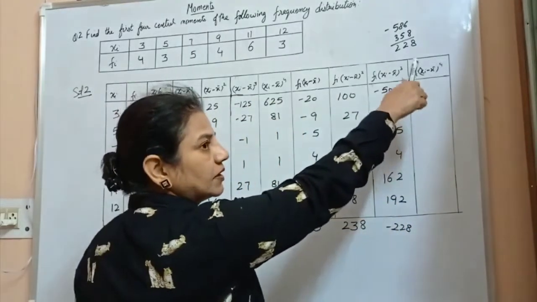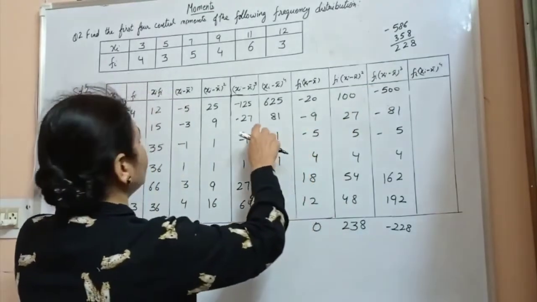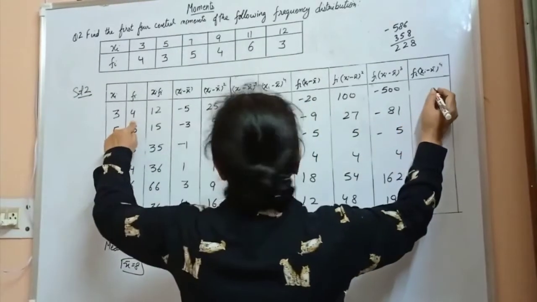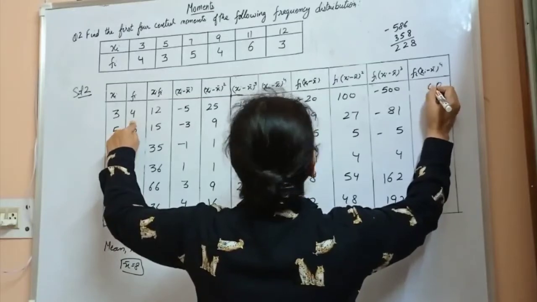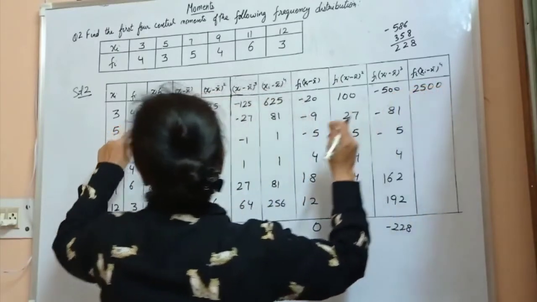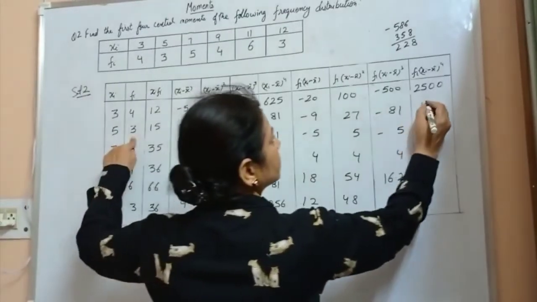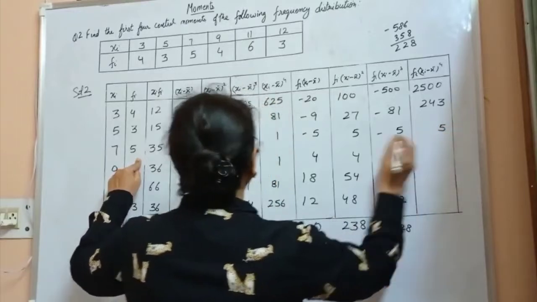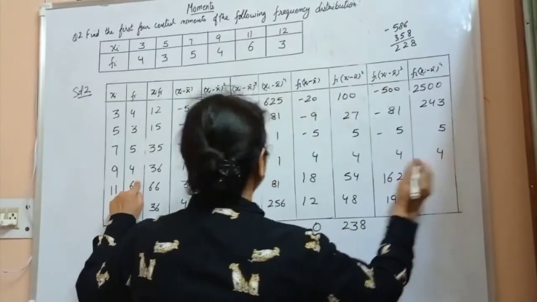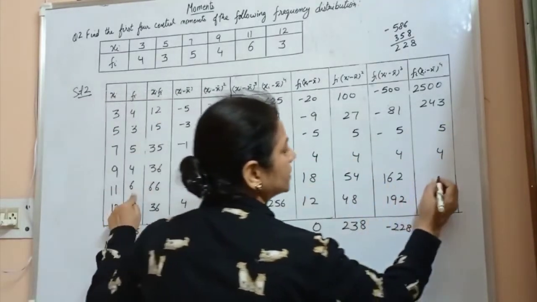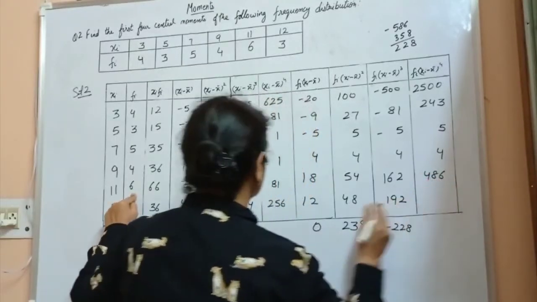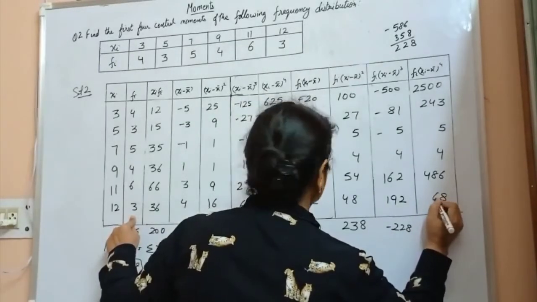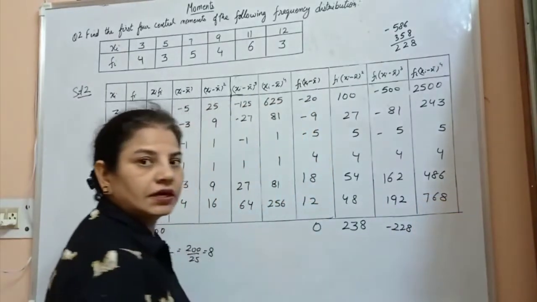Now xi minus x bar to the power 4 into fi. 4 into 625 gives 2500. 3 into 81 is 243. 5 into 1 is 5. 4 into 1 is 4. 6 into 81 is 486 and 3 into 256 is 768.